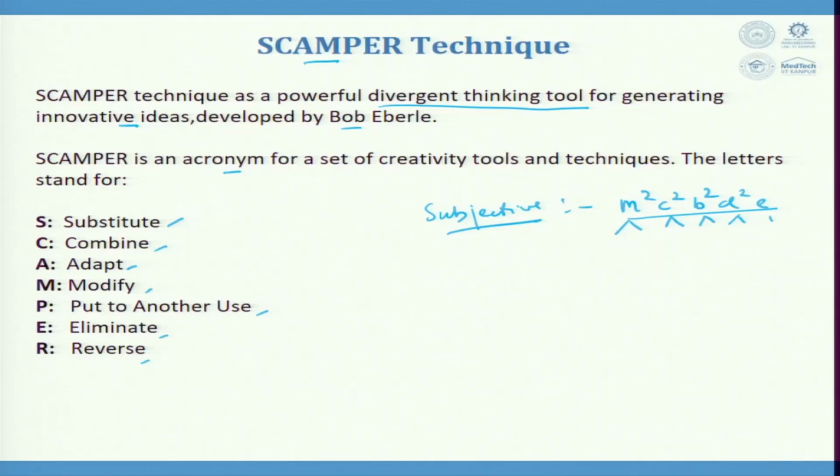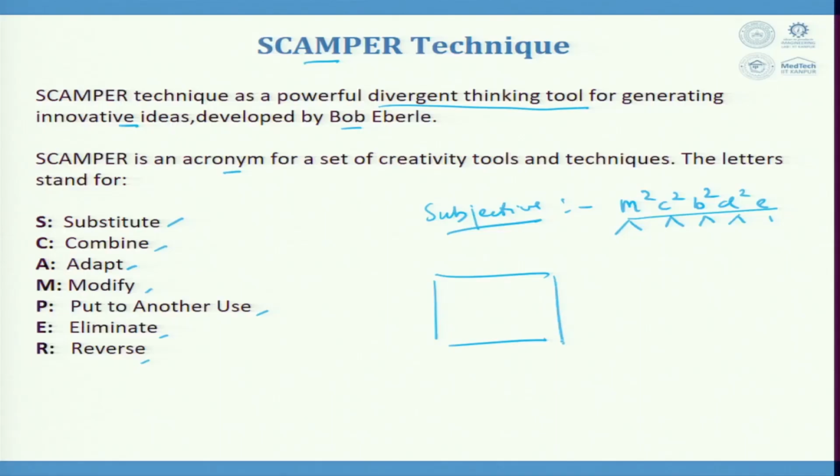So substitute material, idea, whatever it is. Combine: when there are two good ideas, I try to see whether I can combine them such that I can have an innovative thought process. Adapt: change with time, change with the availability of resources, that is adaptability.